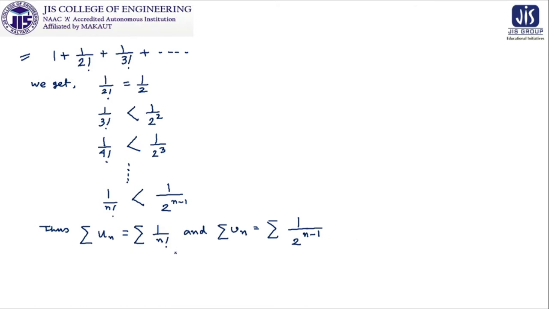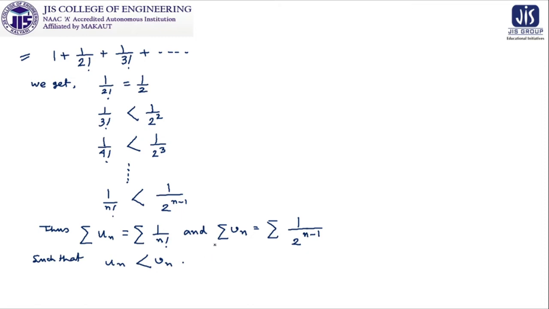There are two series such that, what is the relationship between them? We can write that un is less than vn. You can see that here un is less than vn, and here the value of lambda or k, whatever you are treating according to the last statement of the comparison test, is 1.